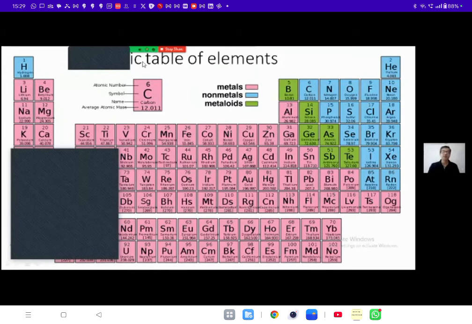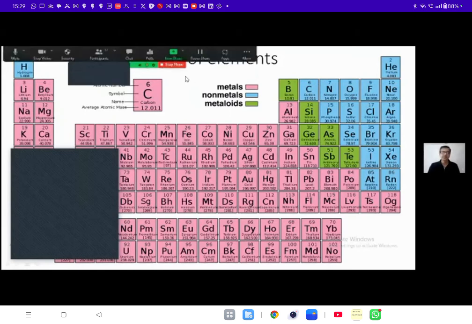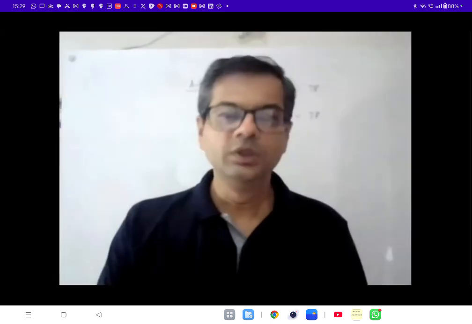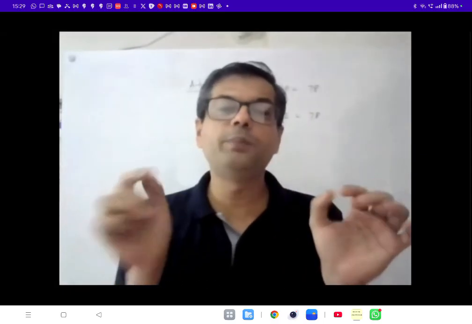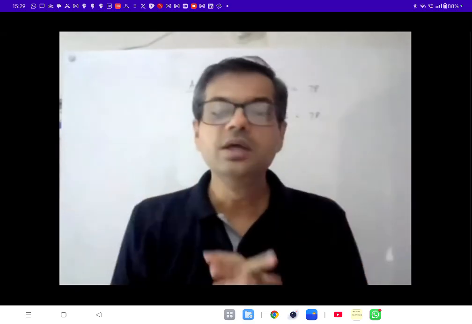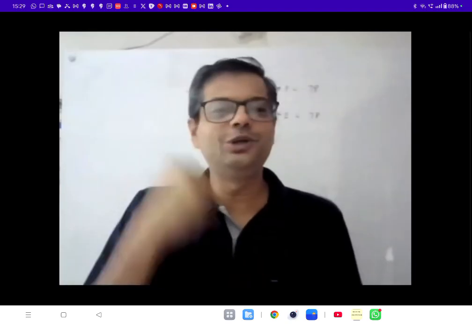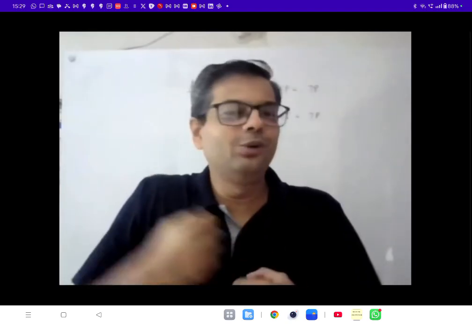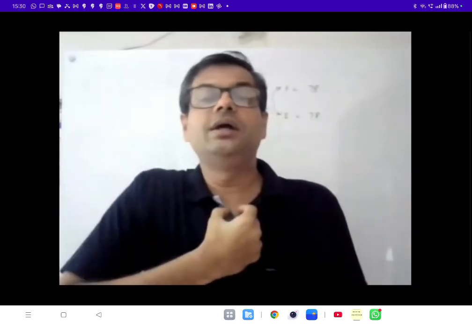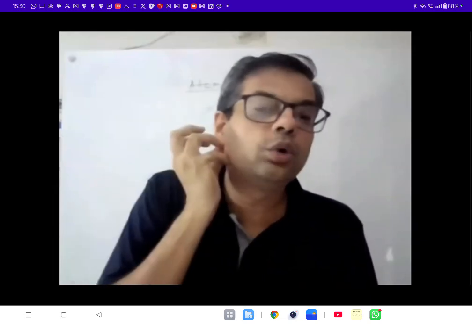This is one. Now this carbon has got 4 different forms. Coal is also carbon and diamond is also carbon, but they look very different and therefore the price is also very different. Coal is used to burn and diamond is not used to burn. People put diamond in the ear, the nose, the neck. Nobody will put a piece of coal like this. It is the same only.